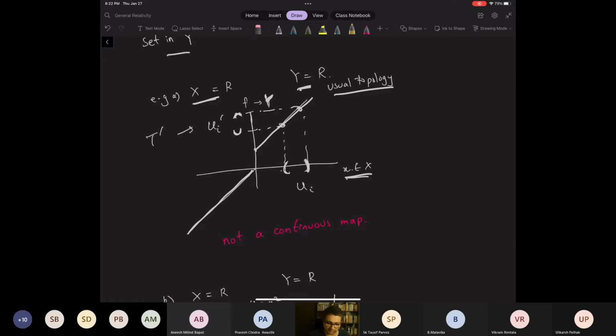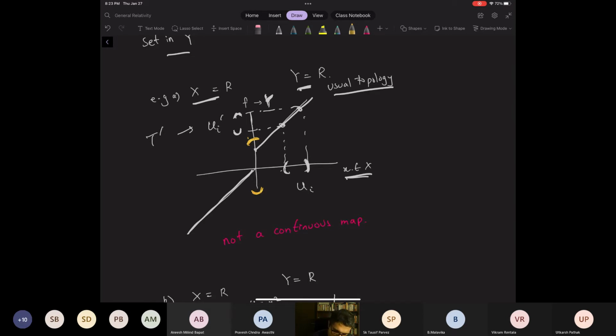But now there's a second possibility. I could have taken in Y this open set, and this is also a valid open set in Y. And now let me take the inverse image of this.